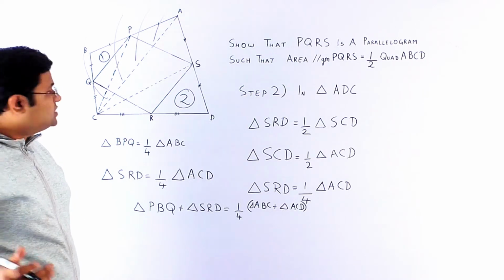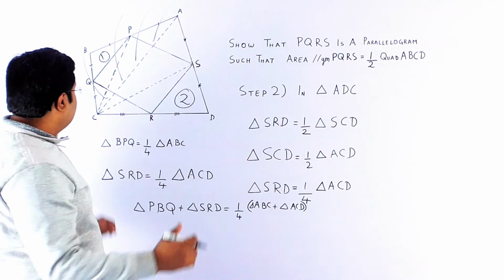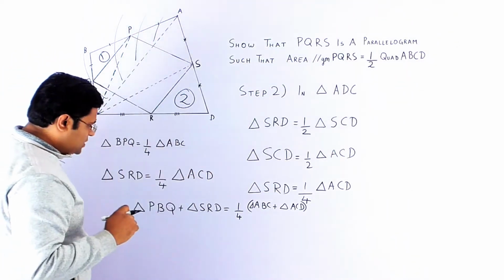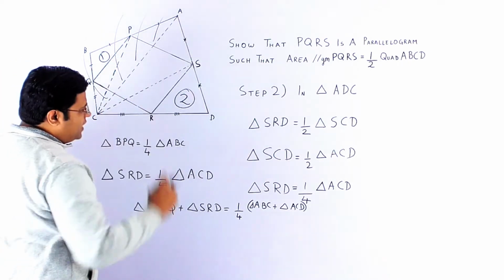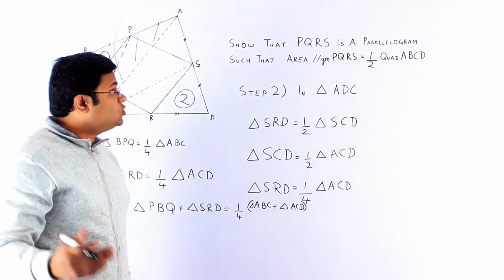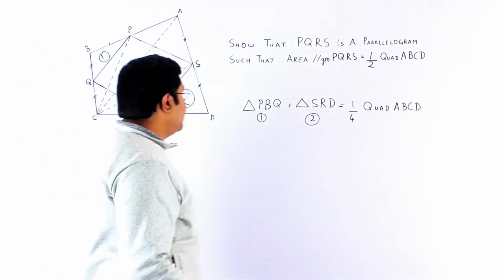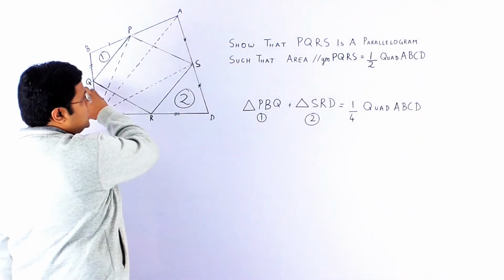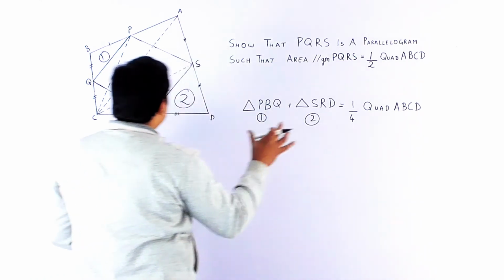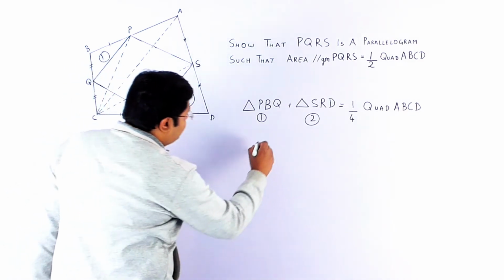That makes it the whole quadrilateral ABCD. So triangle number 1 and triangle number 2 are together equal to 1/4 of the entire quadrilateral. Now that we have proved that triangle number 1, that is PBQ, and triangle number 2, that is SRD, are 1/4 of this quadrilateral, we'll take up triangle number 3.